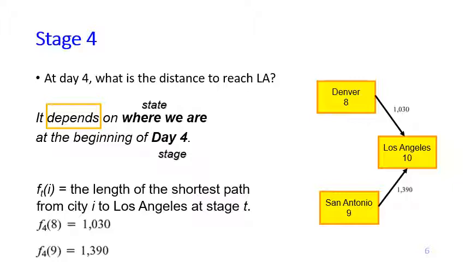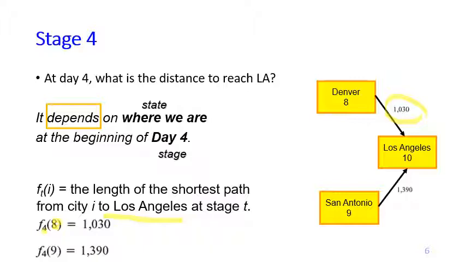F48 equals 1,030. F48 means the length of the shortest path from city number 8, which is Denver, to Los Angeles at stage 4.